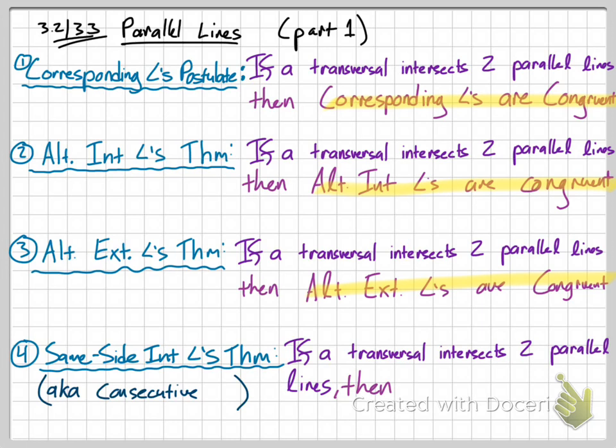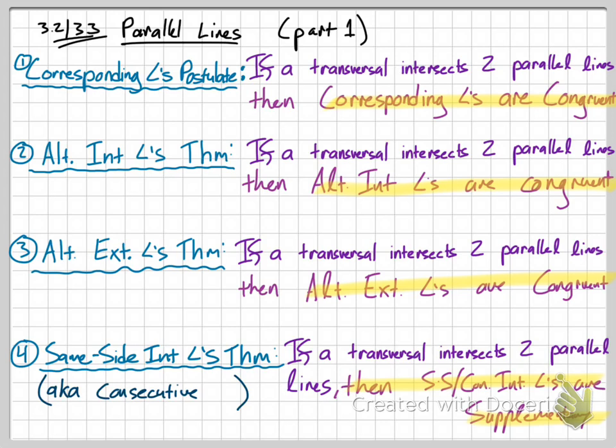Here, if we have a transversal that intersects 2 parallel lines, then same side or consecutive, however you like to word that, interior angles, they are going to be supplementary. It's one of our terms from chapter 1, meaning that the sum of those 2 angles is equal to 180 degrees. So those are the 4 postulates and theorems that we're going to be looking at today.